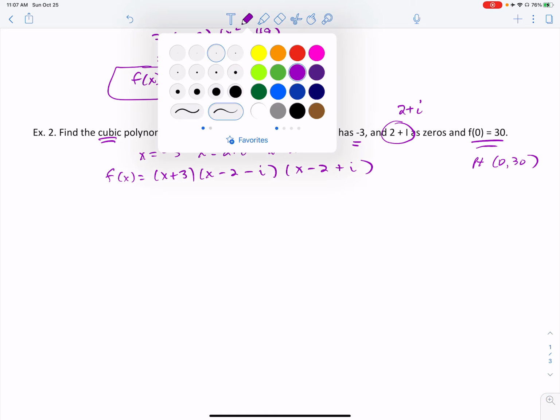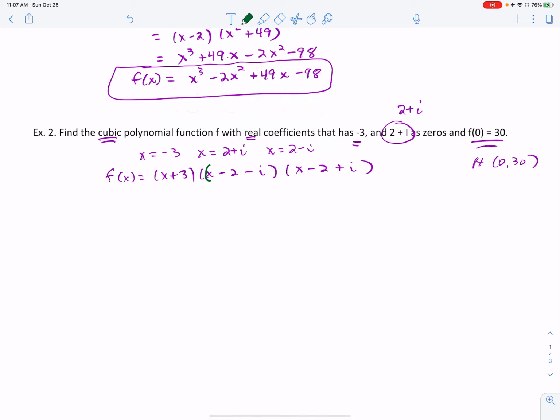Group the x minus 2 like this, and treat this as an a minus b times an a plus b, which gives you that a squared minus b squared. But your a term is the x minus 2, and your b term is the i.